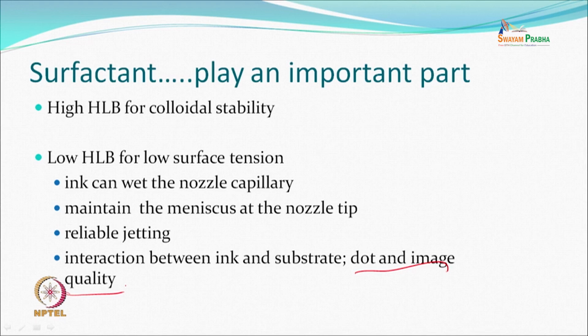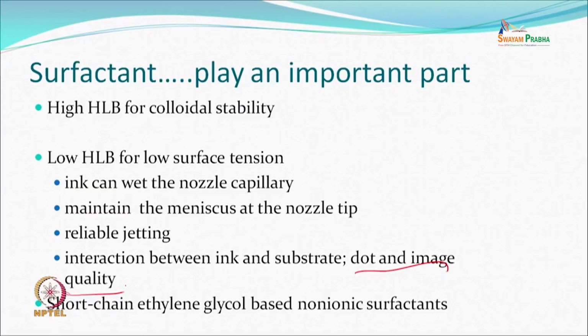Here also we have already mentioned that surface tension cannot be so low that the ink has more tendency to float and the ligaments will be longer and so on. So we believe that short chain ethylene glycol based non-ionic surfactants may be optimized for their properties with respect to colloidal stability, wetting and jetting reliability of the ink.